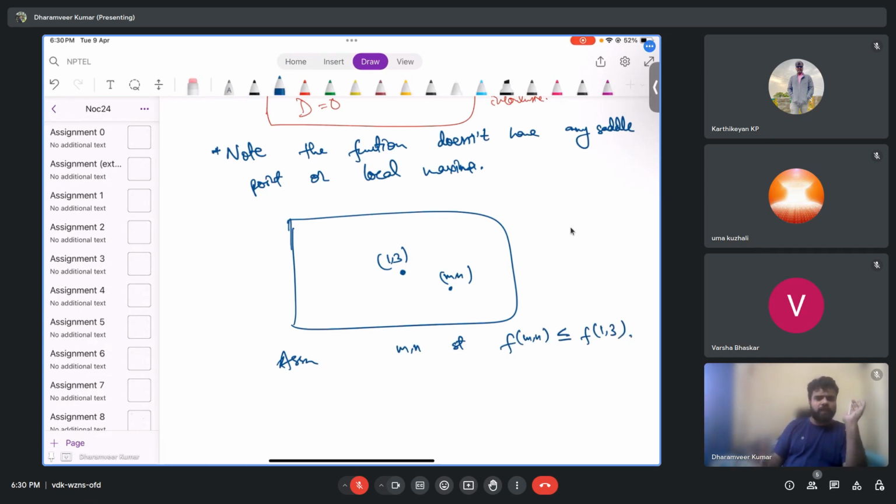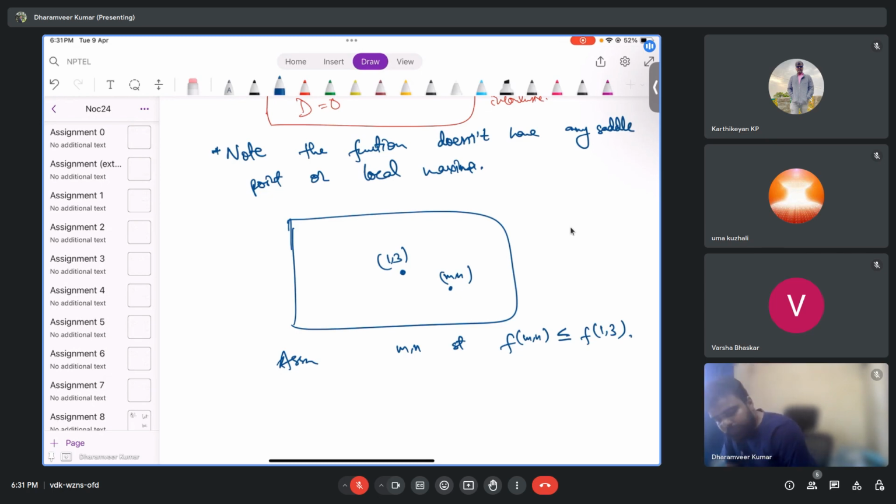Assume either it does exist or it doesn't exist. I'm also given equality, so assume that something like this is happening. So there is (m, n) and there is (1, 3).